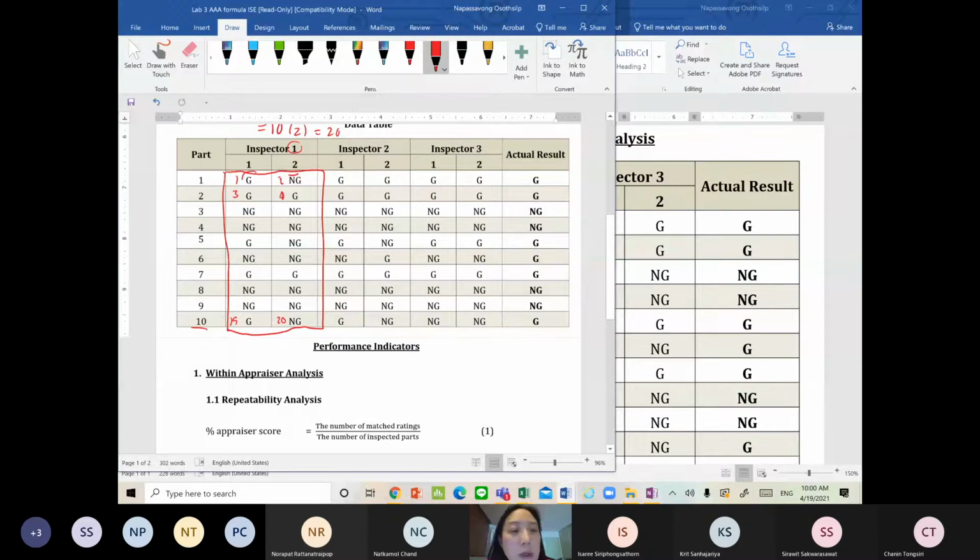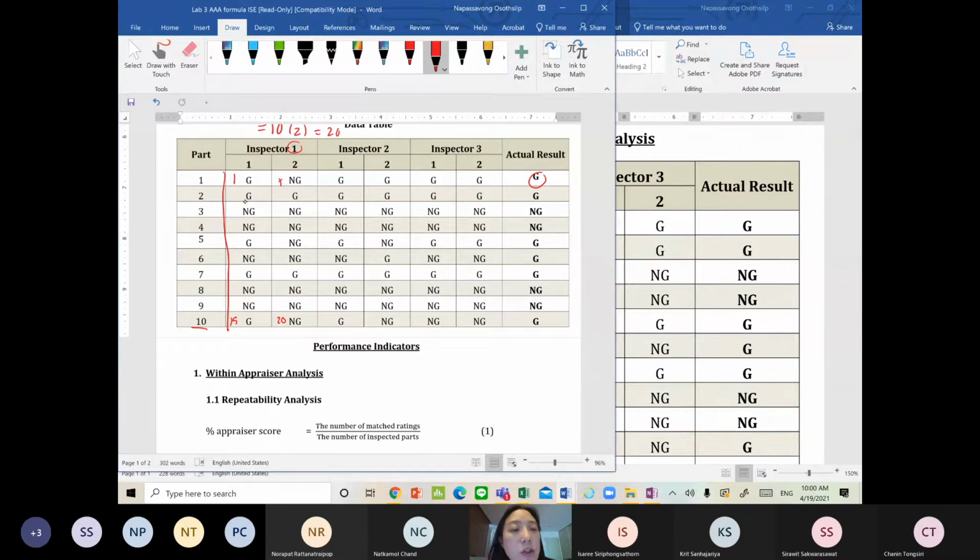For example, the first opportunity, they tell G, and the correct result is G. So you count it like 1. And the second one, he tells NG, but the correct result is G. So it's not correct, so you won't count it.